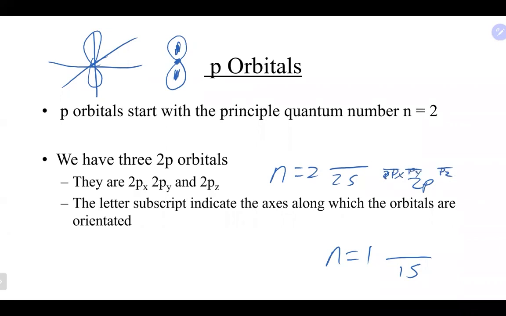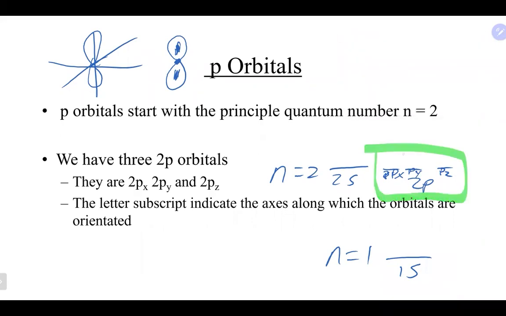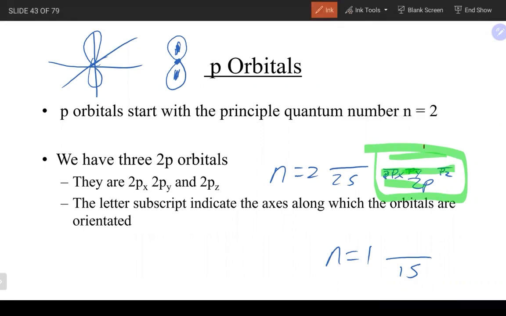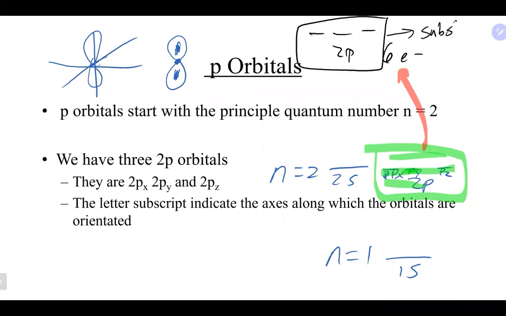If I take all 3 of these orbitals together, how many total electrons could I put in there? I could put 6. I could put 6 electrons, and these 3 p orbitals all together is what is sometimes referred to as a subshell or sublevel, depending on your book.